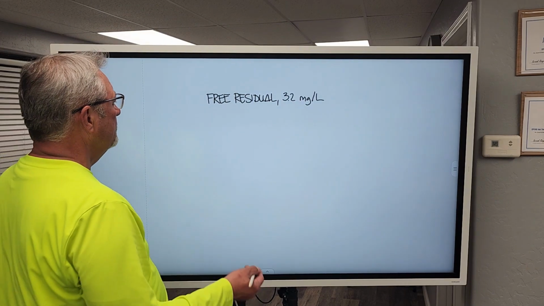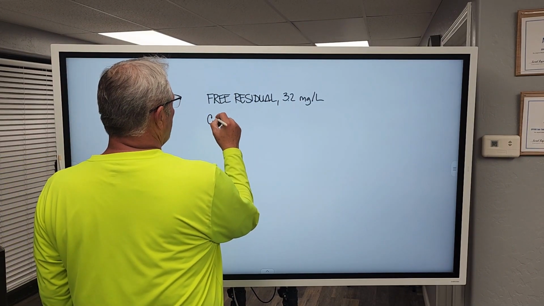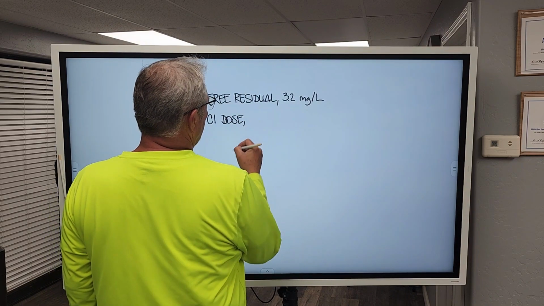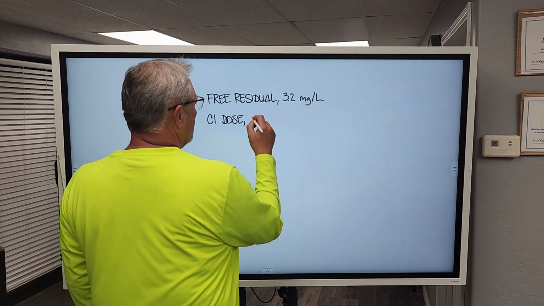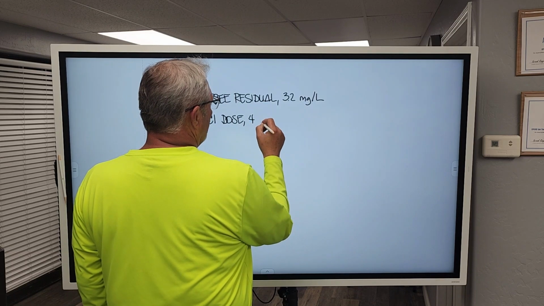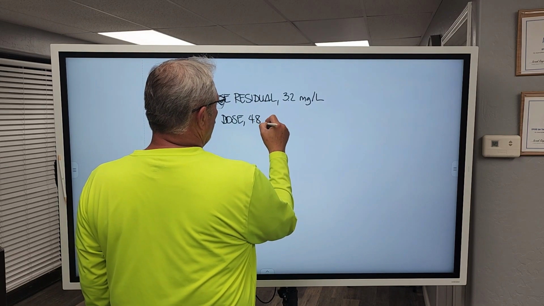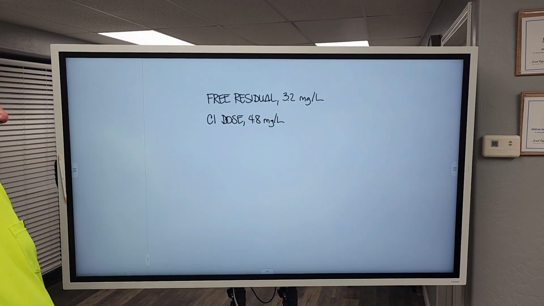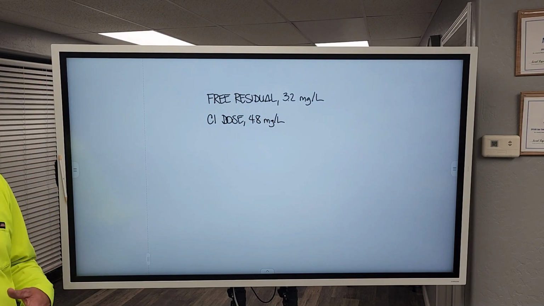The chlorine dose is, let's just say, 4.8 milligrams per liter. And the question is going to be, what is the demand?